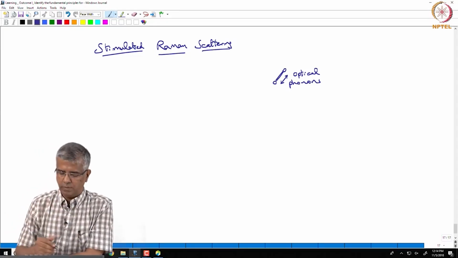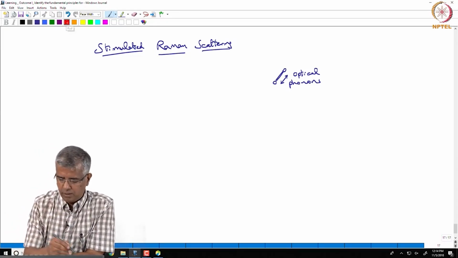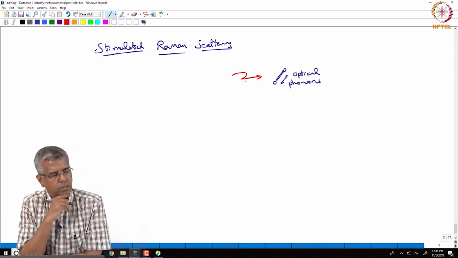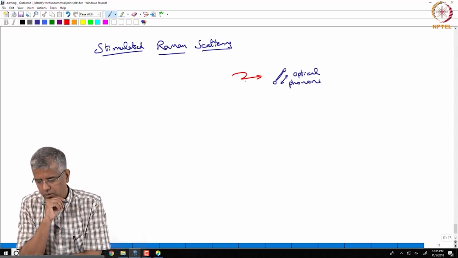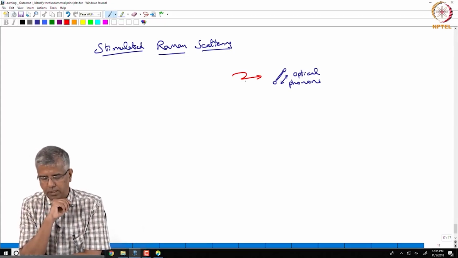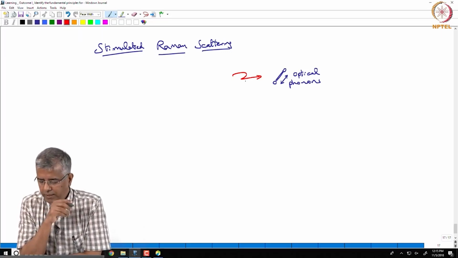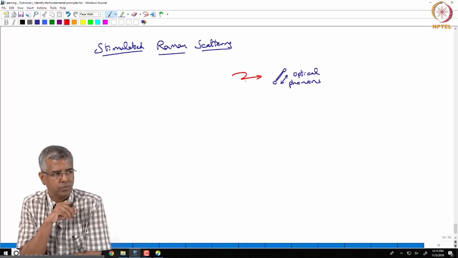So nevertheless, if you have a light wave incident on this optical phonon, you have scattering of light happening. In one case, let us say that molecule is at rest, and this electromagnetic wave comes around.